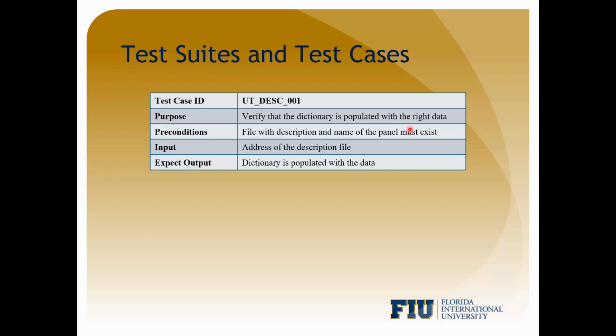It loads the data from the text file into this dictionary object. As a precondition, the file with the description and name of the panel must exist. If this file doesn't exist, the test is going to fail.